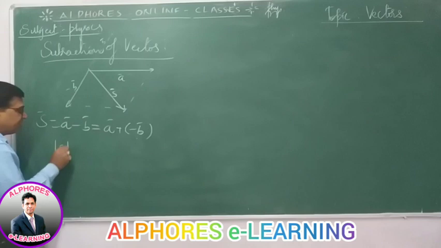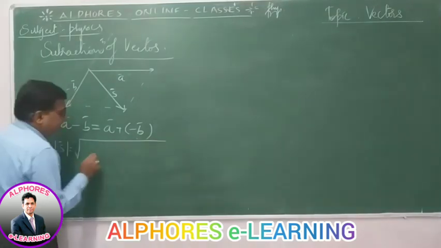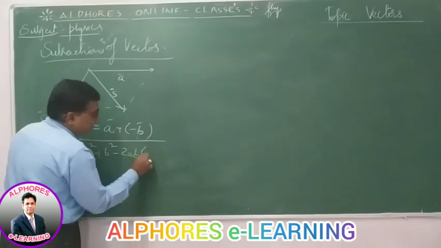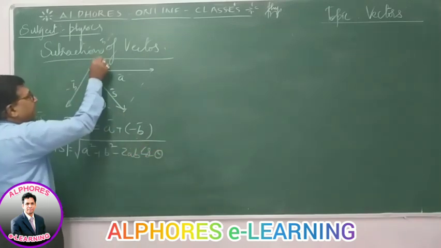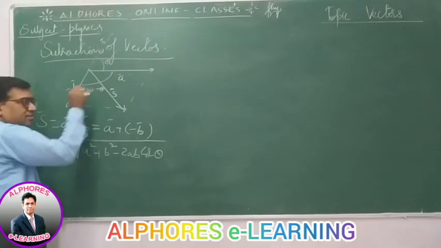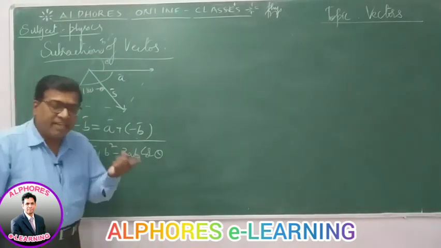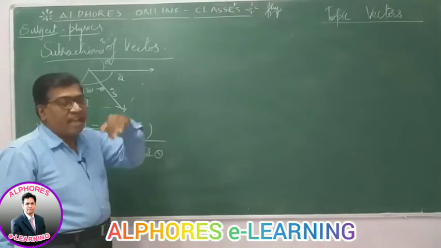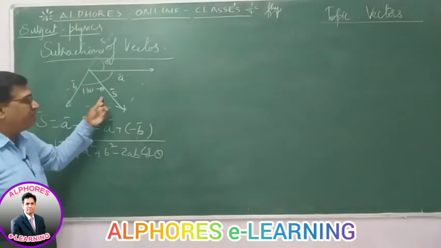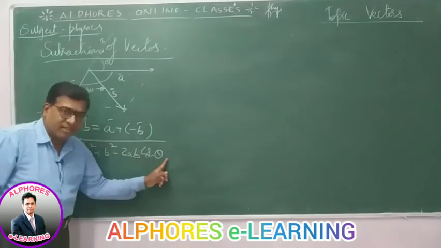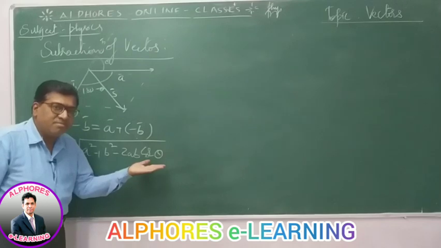So mod S, which we found yesterday, is the square root of A square plus B square minus 2AB cos theta, where theta is the angle between A and B. Theta is not the angle between A and minus B. The angle between A and minus B is 180 minus theta, so you can write plus 2AB cos of 180 minus theta, and cos of 180 minus theta is minus cos theta.